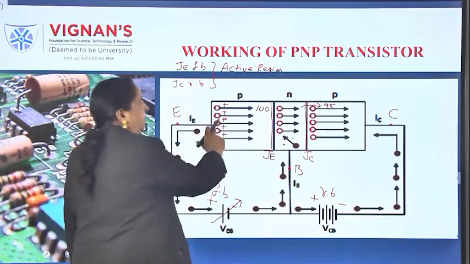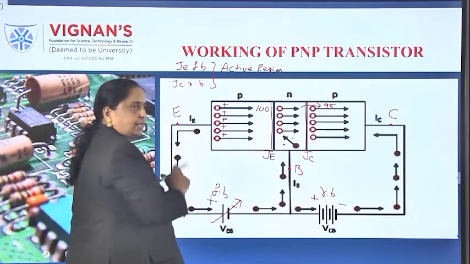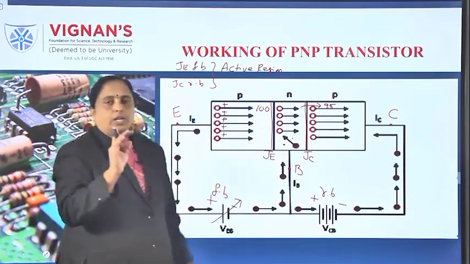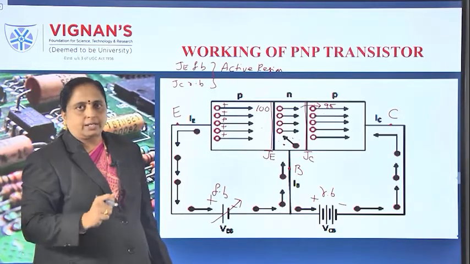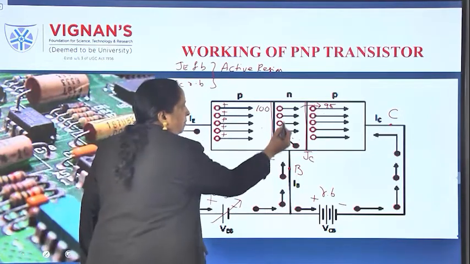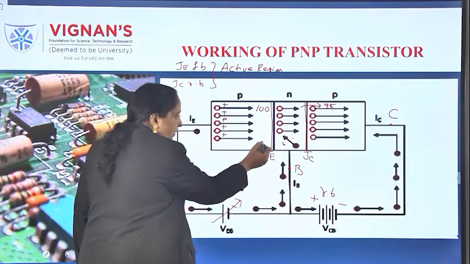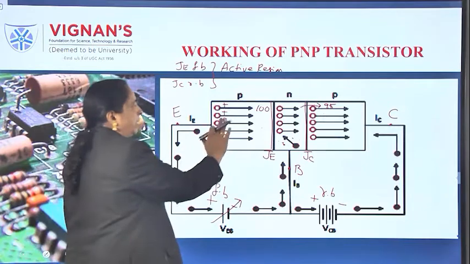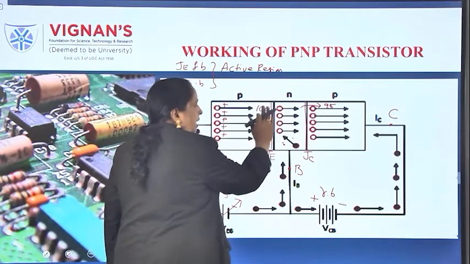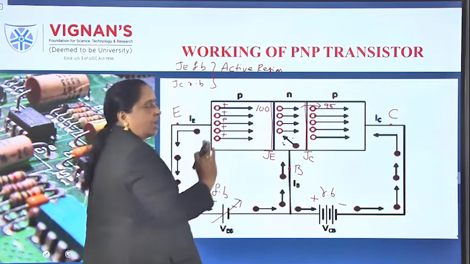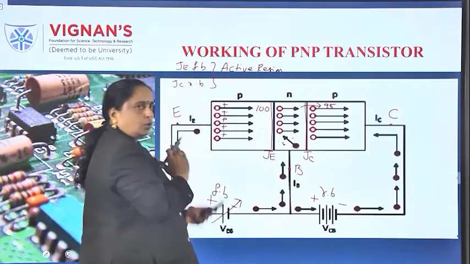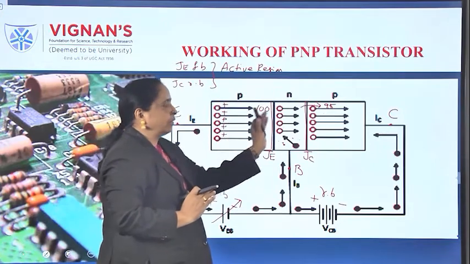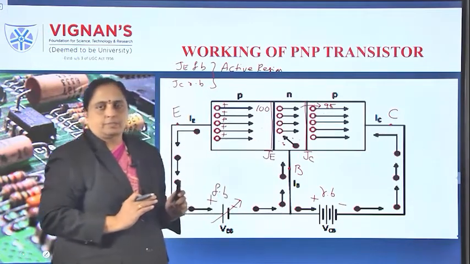In P material, holes are majority charge carriers only in that region; once they enter the other area, we call them minority charge carriers. Similarly, electrons are majority charge carriers here, and once they enter this region, they become minority charge carriers. So of the 100 minority carriers, a few recombine with electrons and the remaining reach the collector. The charge carriers are moving from the emitter to the base via this junction.